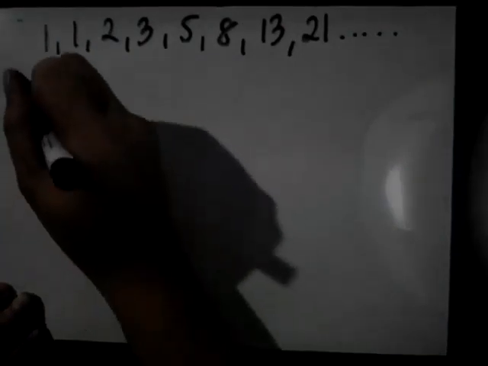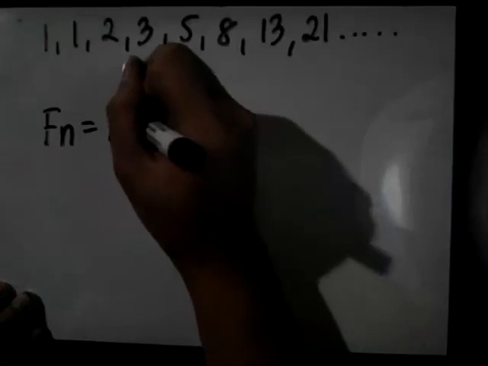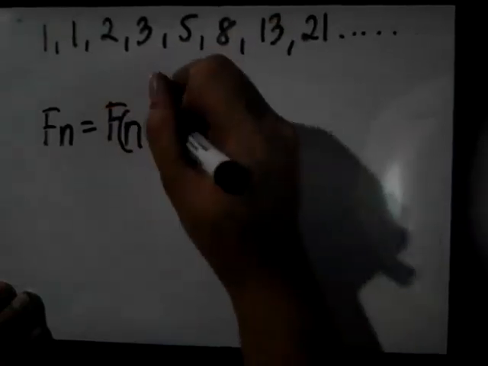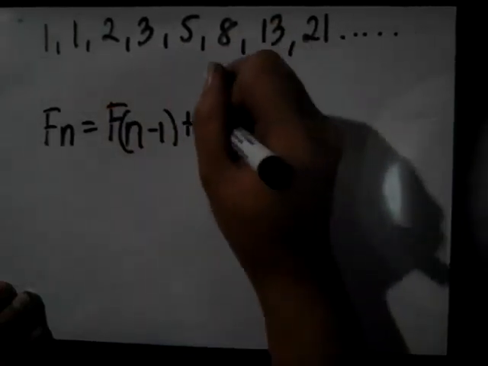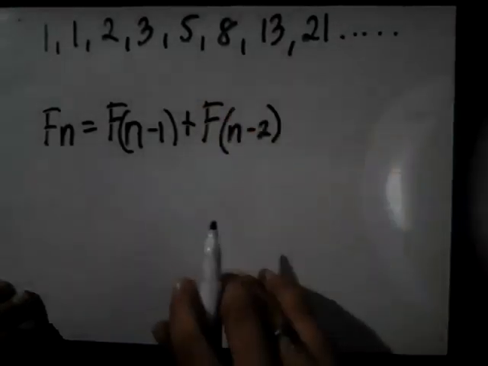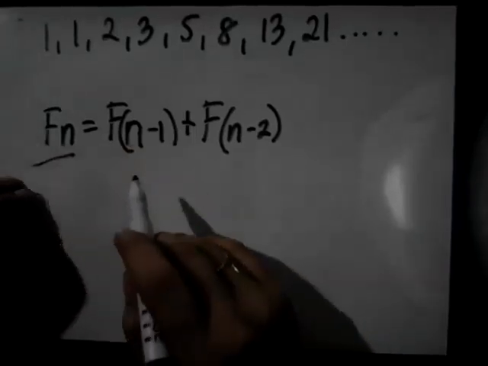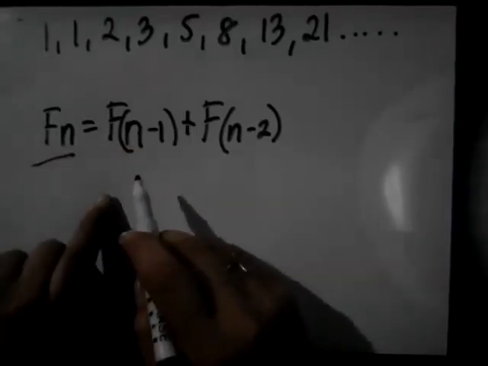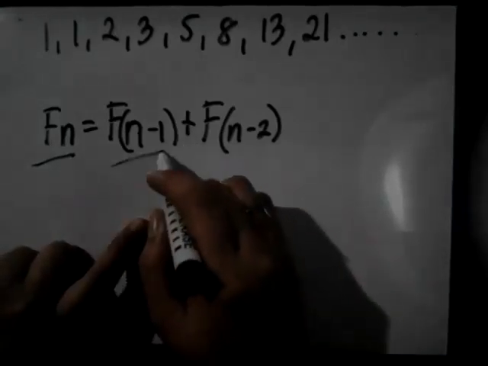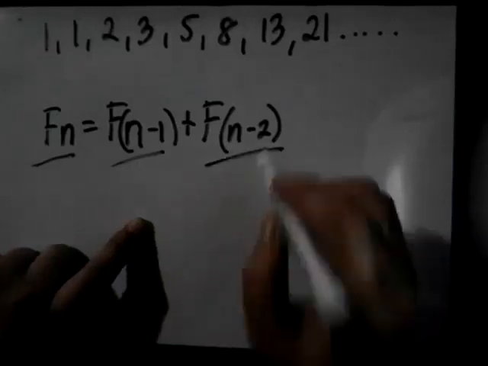The formula for Fibonacci sequence is f of n is equal to f of n minus 1 plus f of n minus 2, where f of n is the nth term, f of n minus 1 is the previous term, and f of n minus 2 is the term before that.